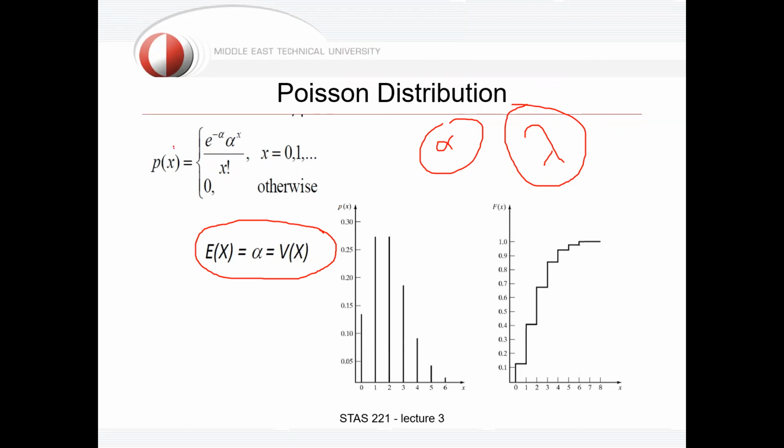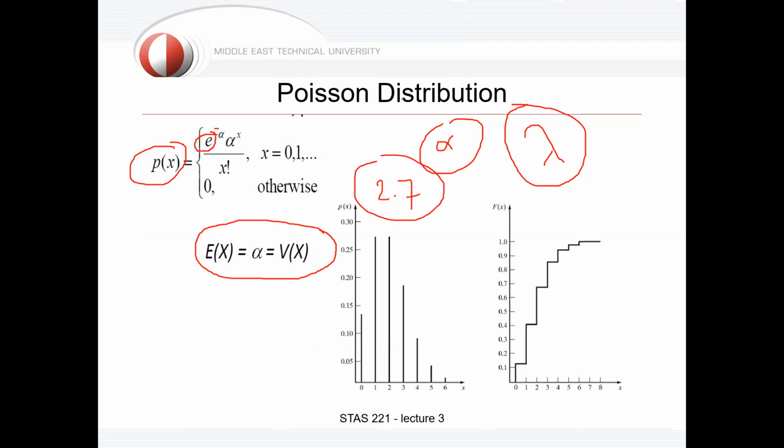For finding the probability, you can use this formula: e to the power of minus alpha, multiplied by alpha to the power x, divided by x factorial. And e here is just an irrational number, which you can approximate by 2.7.